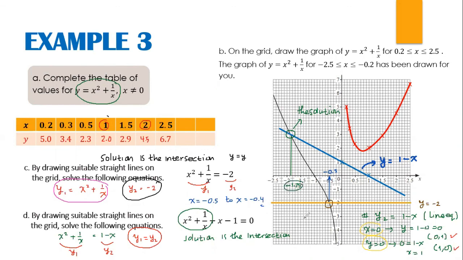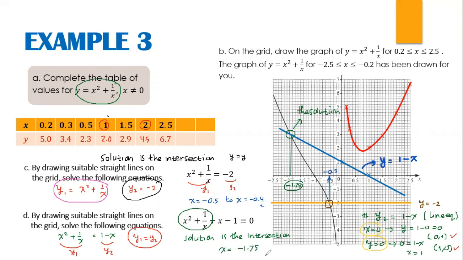So I think that's correct. By drawing the right graph, you find that the solution for x squared plus 1 over x plus x minus 1 is x equal minus 1.75. Okay, minus 1.75. That's possible.